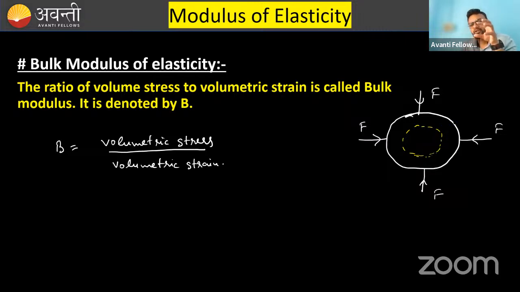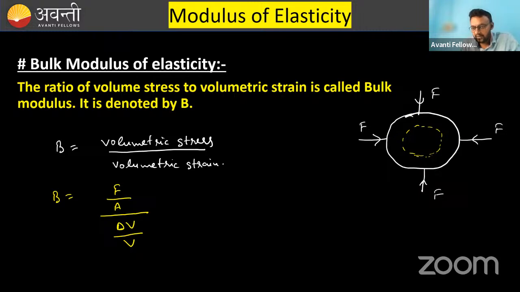If the original volume is V, then the final volume is decreased by some amount. So B is equal to stress, which is force per unit area, where the area of action is A, divided by strain, which is change in volume, delta V, divided by original volume V. One thing you can notice is that the volume of the body is decreasing.